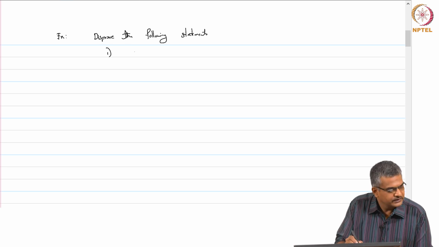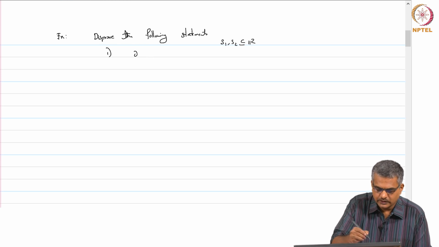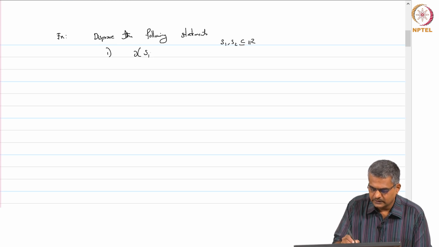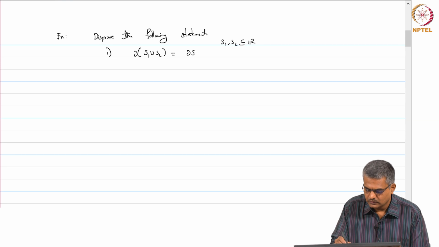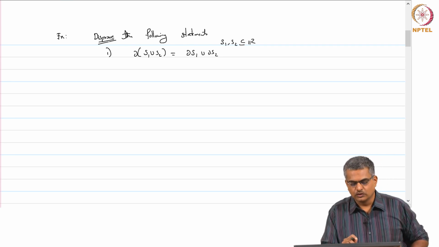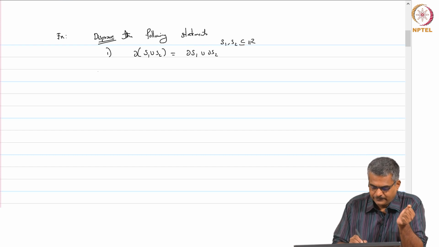The first statement: S1 and S2 are subsets of R, and we want to disprove the following identity: the boundary of S1 union S2 is equal to the boundary of S1 union the boundary of S2. We want to disprove that, that means this is not true. So, we will have to give a counter example.